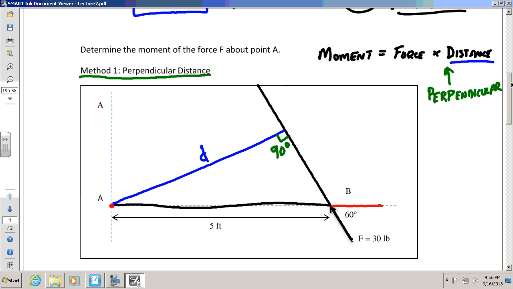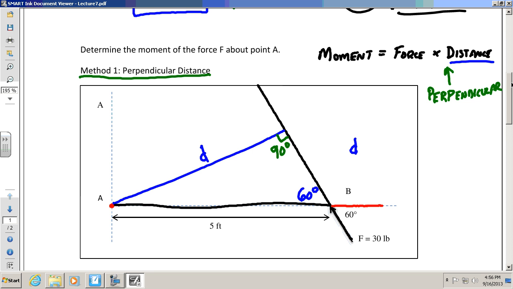So what's D? What's the side D? If the bottom side is 5 feet, what's D? Well, remember, that's a 60-degree angle, right? This is 60, so this other side is going to be 60 as well. See that? The hypotenuse of that triangle is 5 feet.